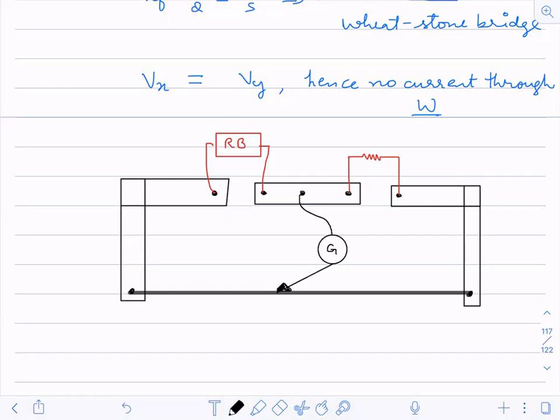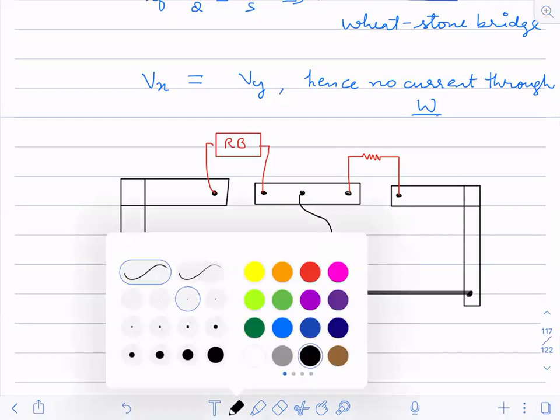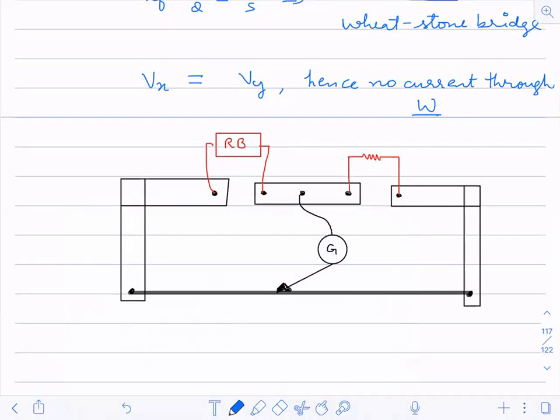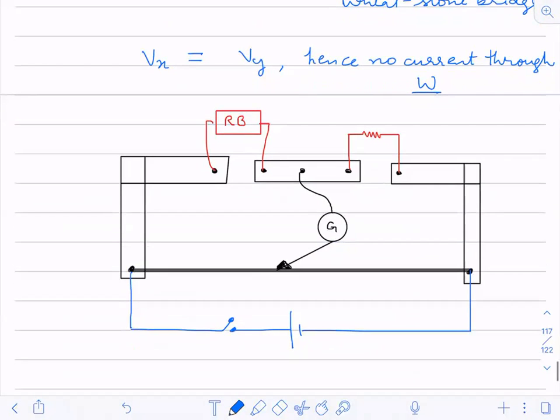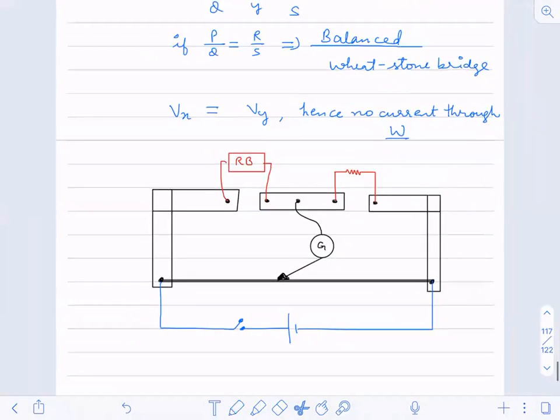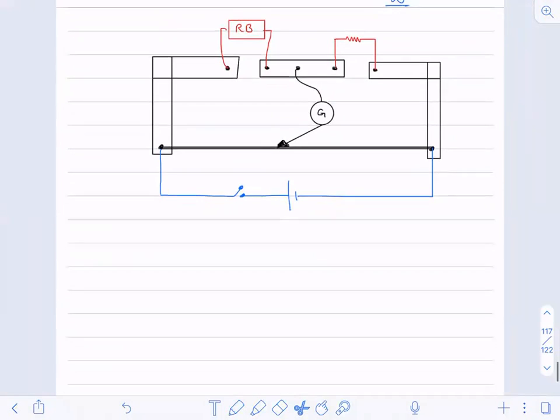This is the setup, and here there is a supply. Everybody draw this figure now.